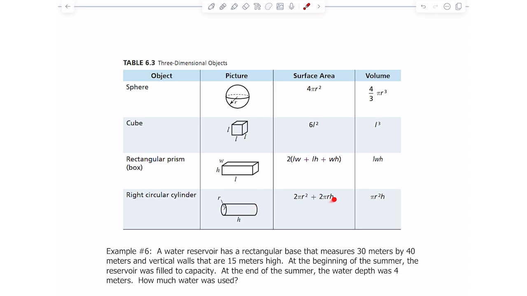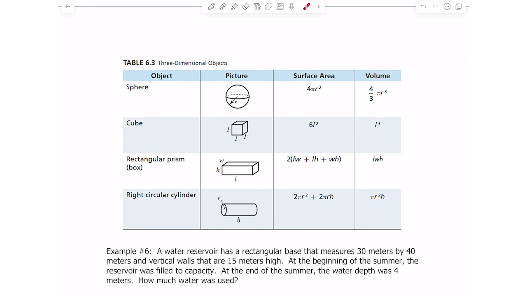And then here, it's 2 pi times the radius times the height. Well, 2 pi r is the circumference, really, if you think about the formula. If you were to unravel this can, really what you're finding is the circumference and then multiply by the height. And then for the volume, it's pi times radius times radius times height.